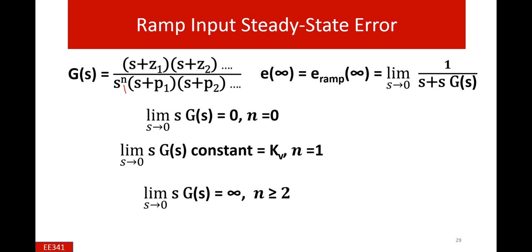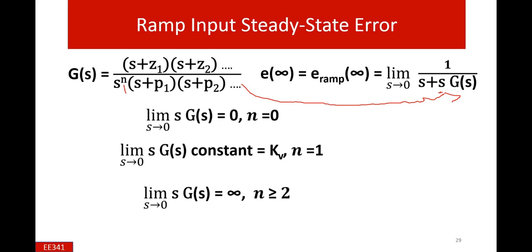So if we apply n equal to 0, then this is a type 0 system, and if we put this open loop transfer function with type 0 here, then s g of s is 0, and the error will be infinite.